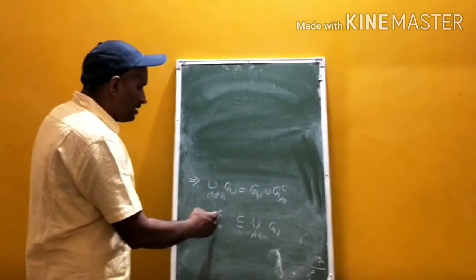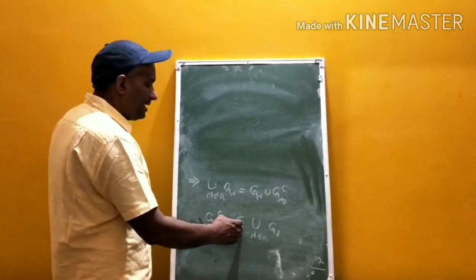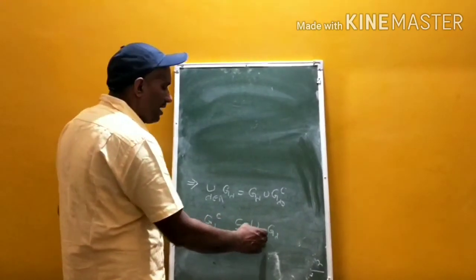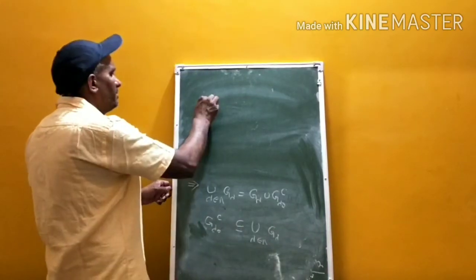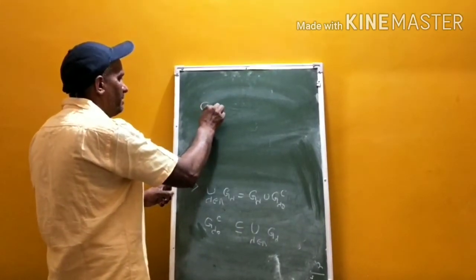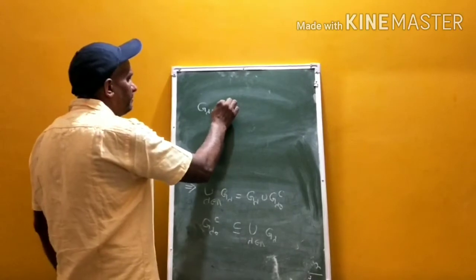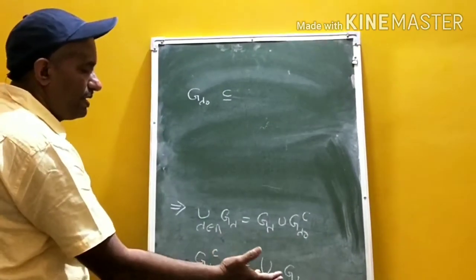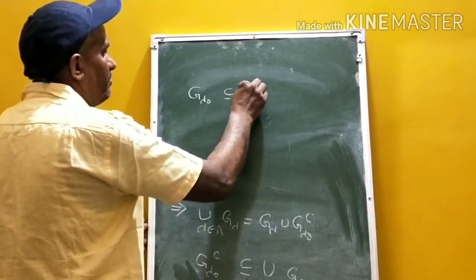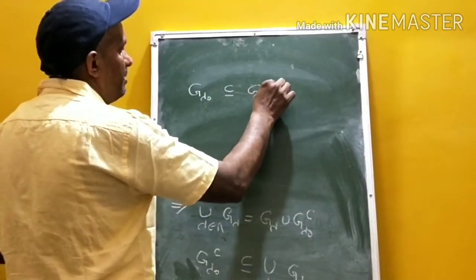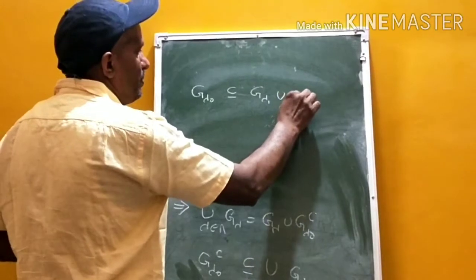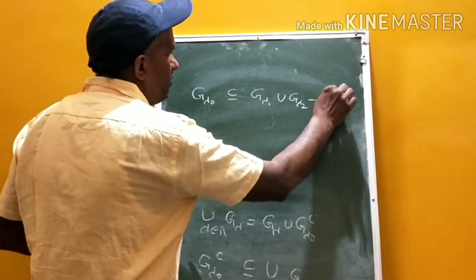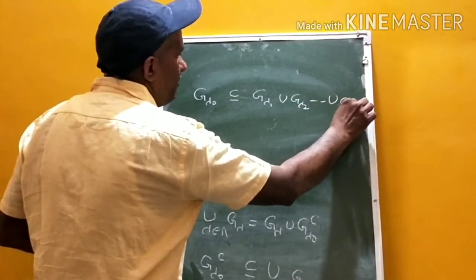Now G lambda naught complement is contained in the union over lambda belonging to gamma of G lambda. Because it is finite, it is contained in finitely many sets, say G lambda 1 union G lambda 2 and so on, union G lambda n.